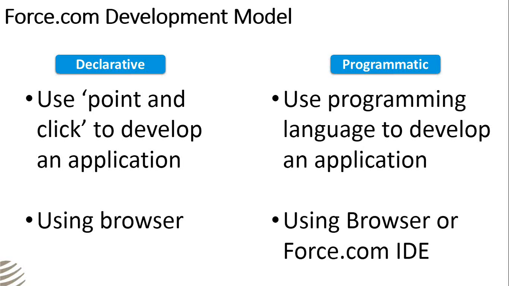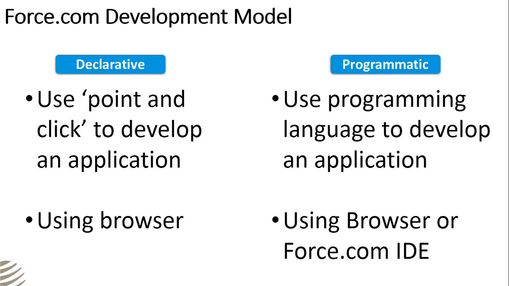And now we are going to start looking into details of the development model, how Force.com provides these development models. So they have two development models, one is declarative and second is programmatic. In declarative model, it means configuring application using point and click, that you don't have to write any code to develop an application, and you can use a browser for that.